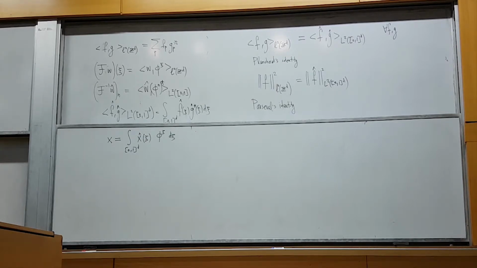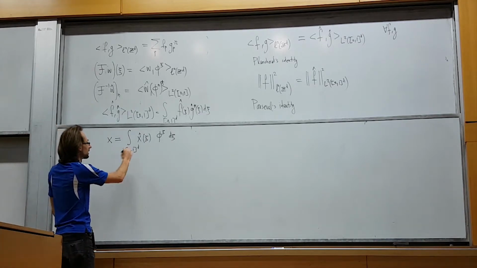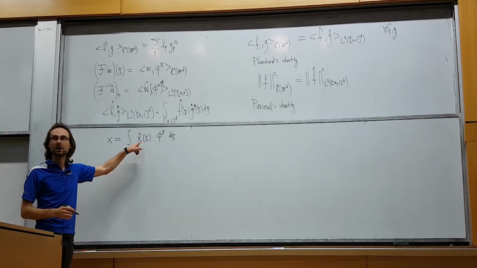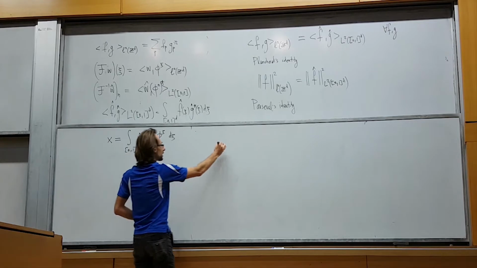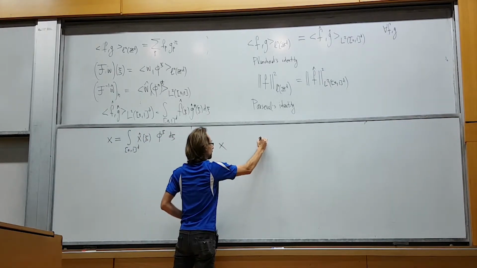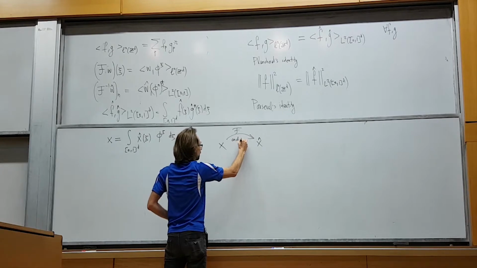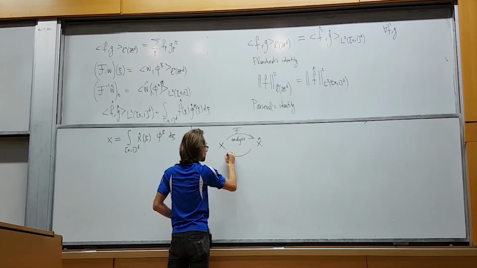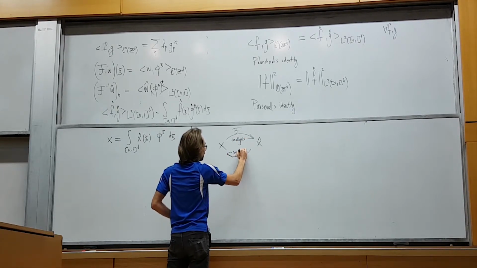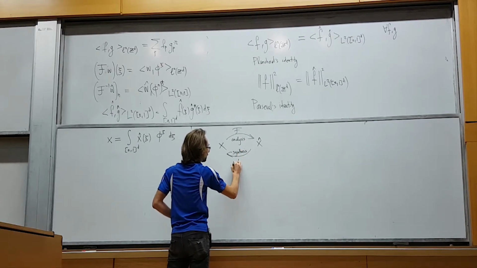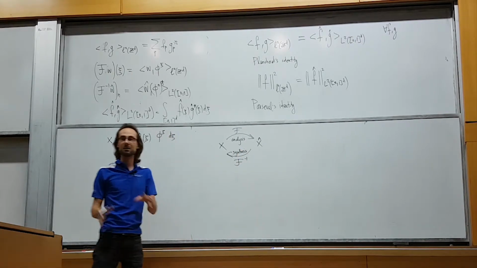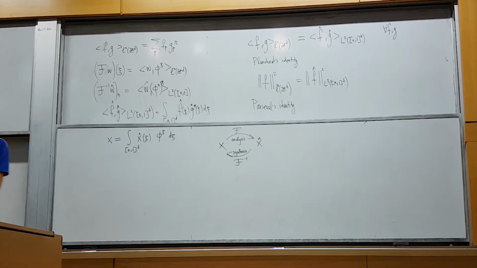Okay? Now, to get back, this operation is called analysis, right? So basically, when I transform my x to x hat, this is performed by the Fourier transform, and this operation is called analysis. And the inverse operation is called synthesis. Basically, I reconstruct the signal back in the standard basis, and it is done by the inverse Fourier transform.